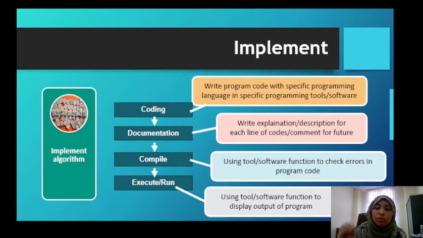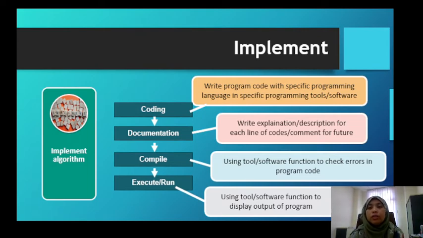So use those tools to check whether your program code contains errors or not. After that, run using the same tool or software to display the output of the program. If the errors are cleared and there are no errors in your programming code, it should give the desired result from the compiler.